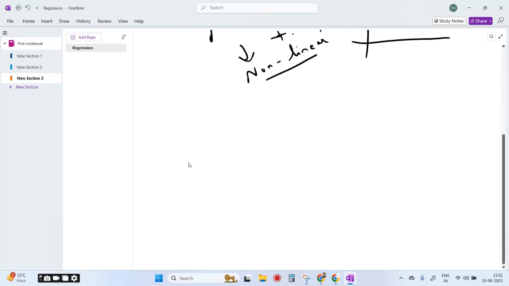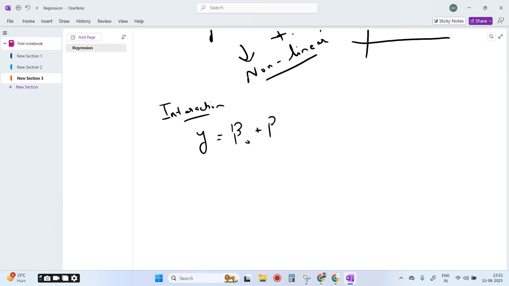And moving on to the next example, we're going to talk about interaction terms. By interaction terms, I mean, in the example that I showed, it's beta 0 plus beta 1 x1, suppose. So suppose this time, instead of one independent variable x, we have x1 and x2. Two independent variables.